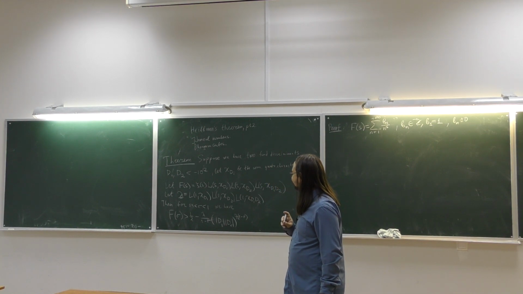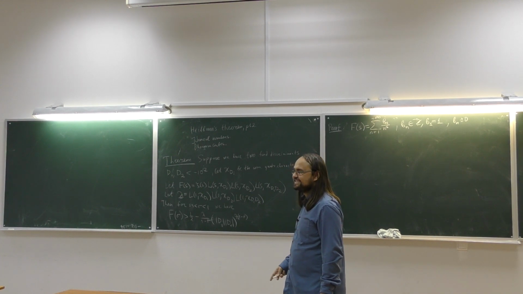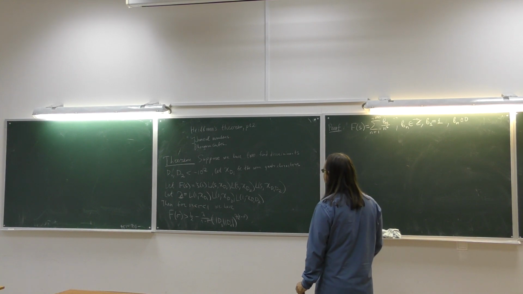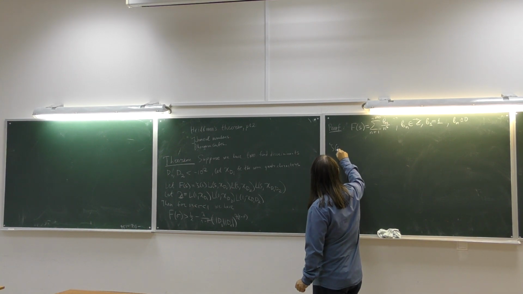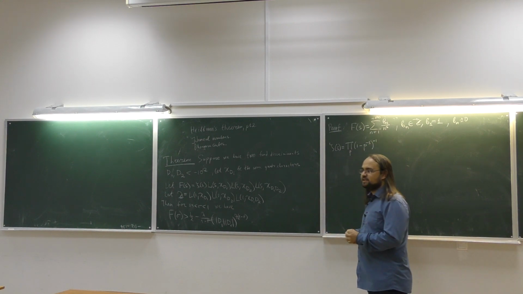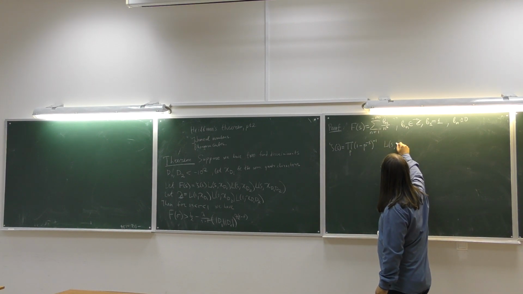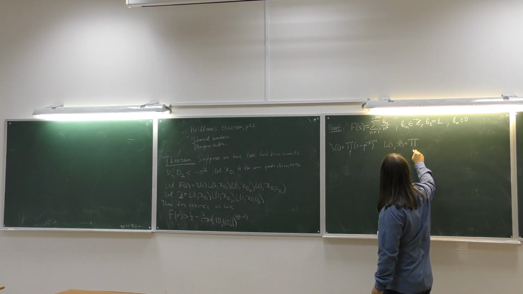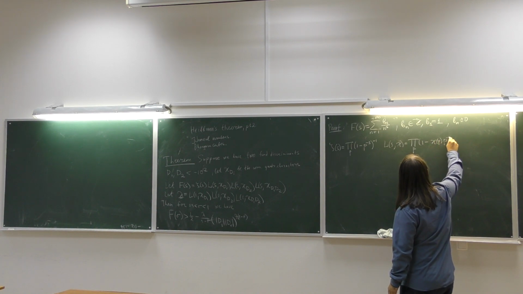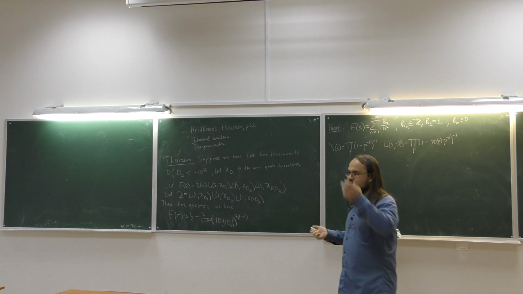And the second argument is, without any knowledge of algebraic number theoretic importance of this function, just look at the Euler product. Zeta of s is equal to the product over all primes p of (1 minus p to the minus s) to the minus 1. And for any character chi, we have a similar product, (1 minus chi of p, p to the minus s) to the minus 1, correct?